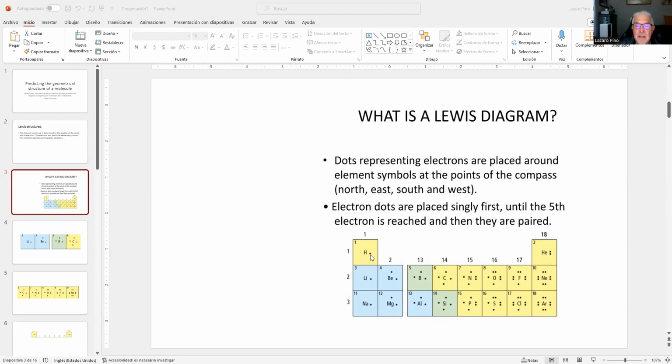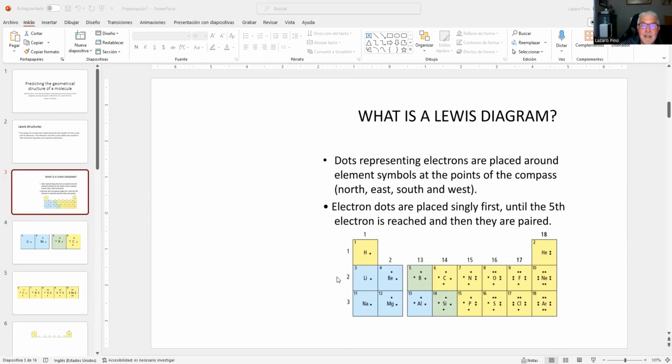For example, hydrogen has only one valence electron, that is the electron that is in the outermost shell. Then we put only one dot. Helium has two. In the case of helium, we pair the two electrons because helium doesn't have more than one shell to locate the electrons.